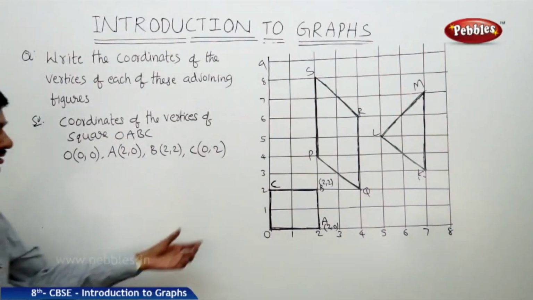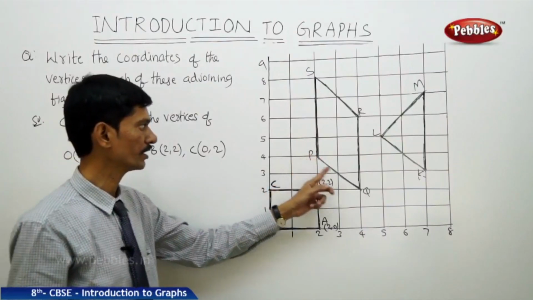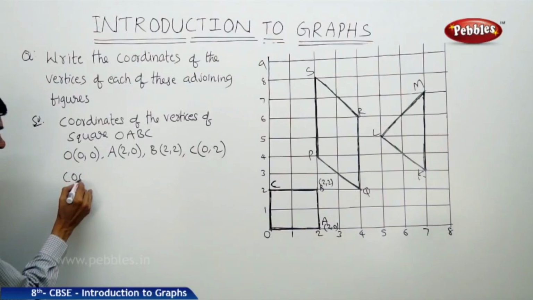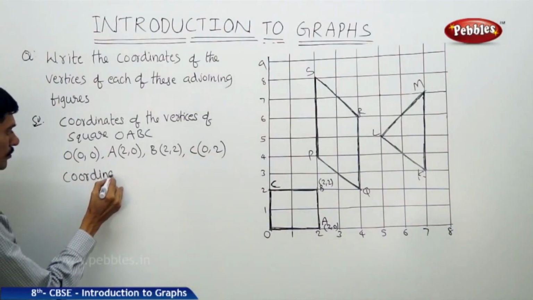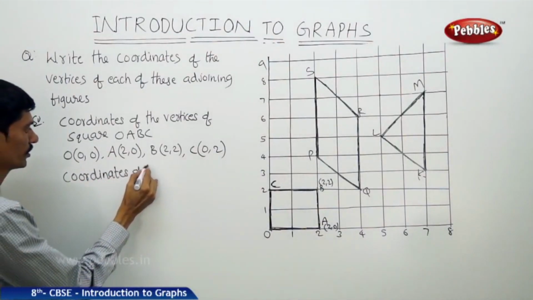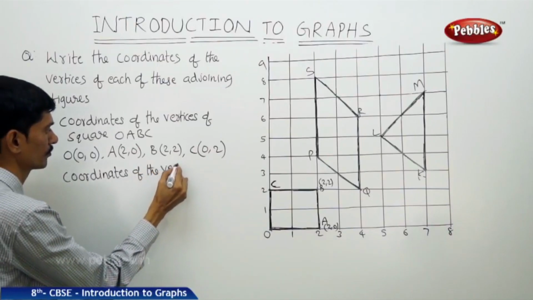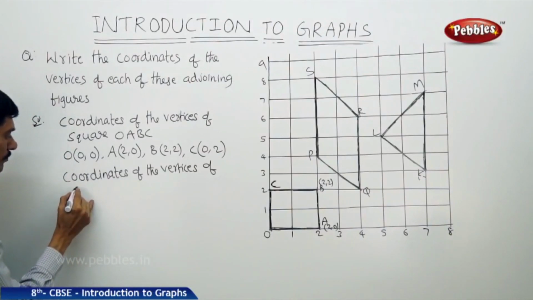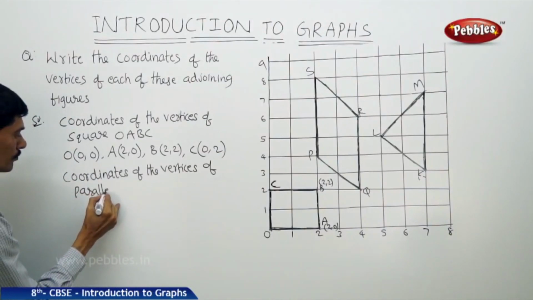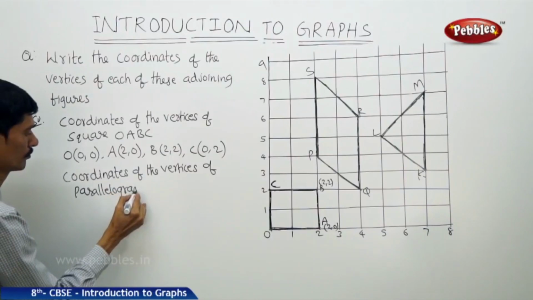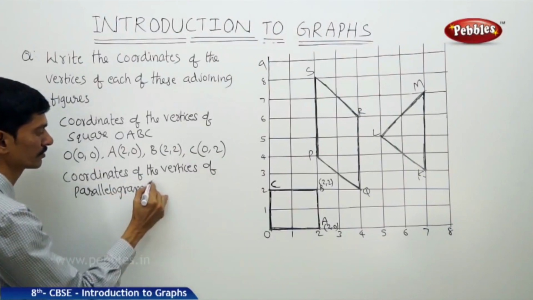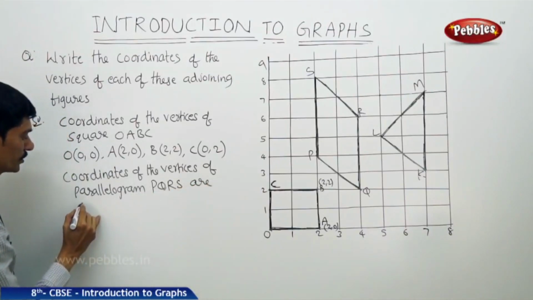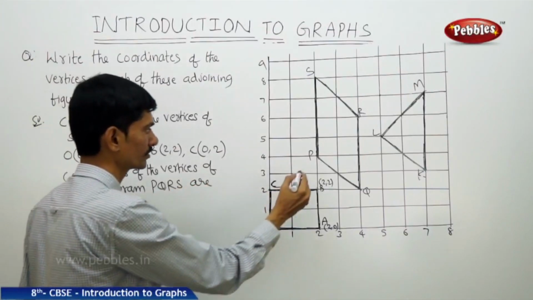Now let us take the second figure, that is the parallelogram PQRS. Coordinates of the vertices of parallelogram PQRS are, so the first point P, what are the coordinates of P?